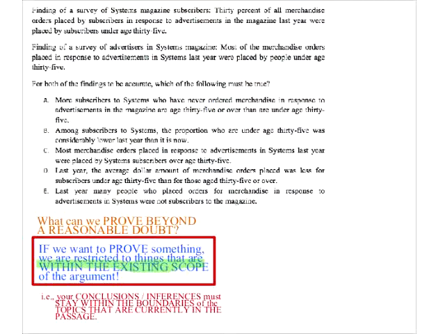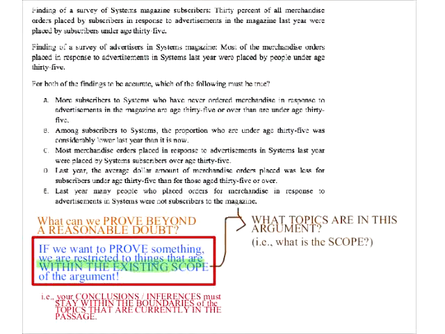But let's look at what topics are even in this argument in the first place. In other words, what is the scope? The scope of this argument: 30% of all merchandise orders placed by subscribers under 35.